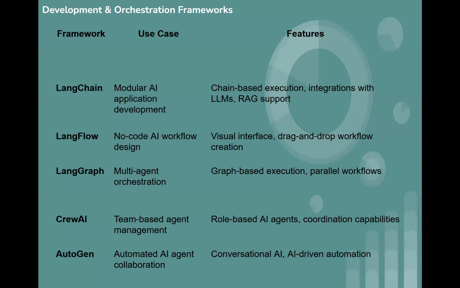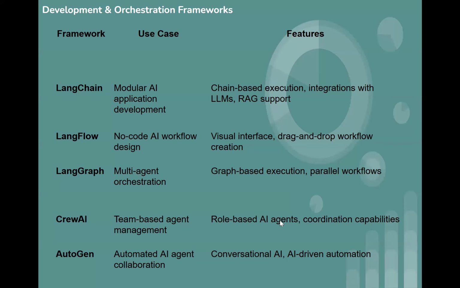You build each agent, you build a crew, you get all of that together, and then you execute that crew. AutoGen is another platform, basically for conversational AI, again AI-driven automation, to build multiple agents.